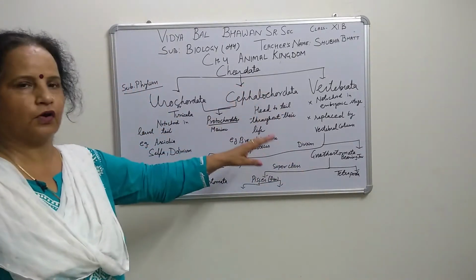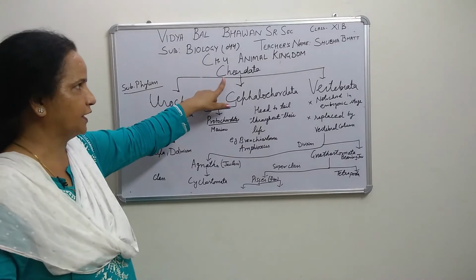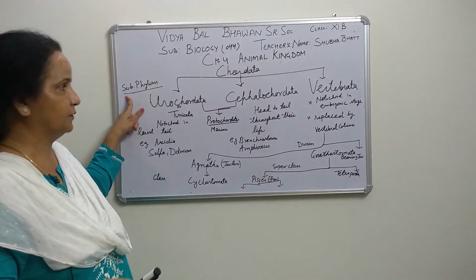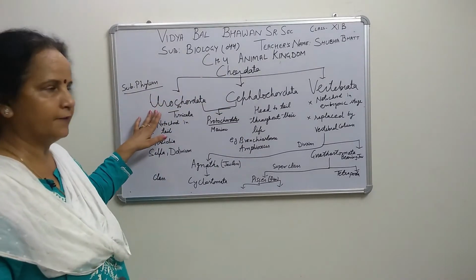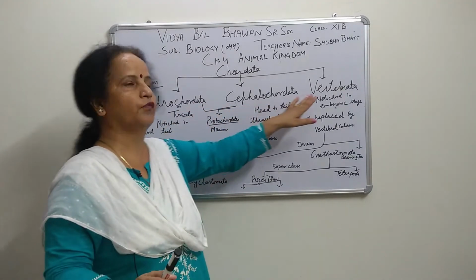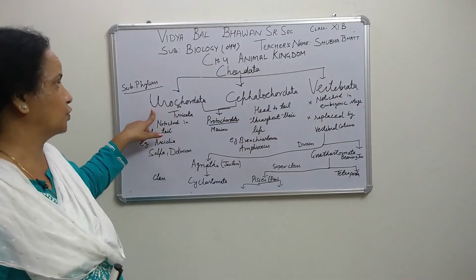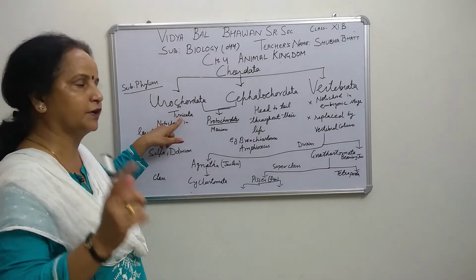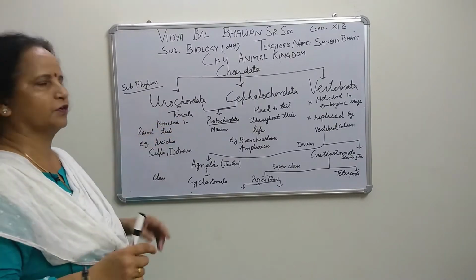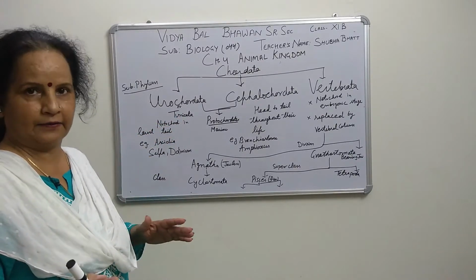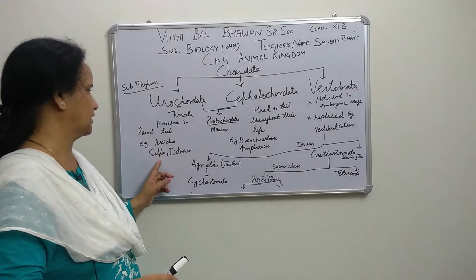So first again I am recapping this: the chordates are divided into subphyla. The subphyla are Urochordata, Cephalochordata, Vertebrata. Urochordata is also called Tunicata. Notochord is present only in the larval tail. The examples are Ascidia and Salpa.